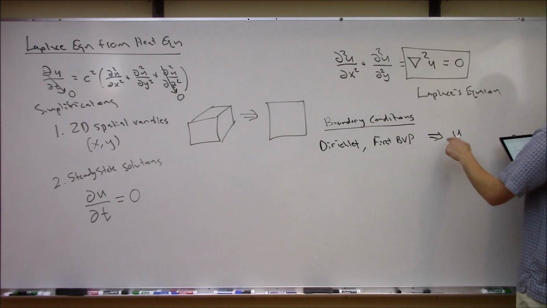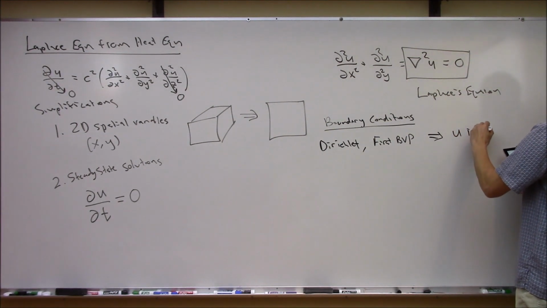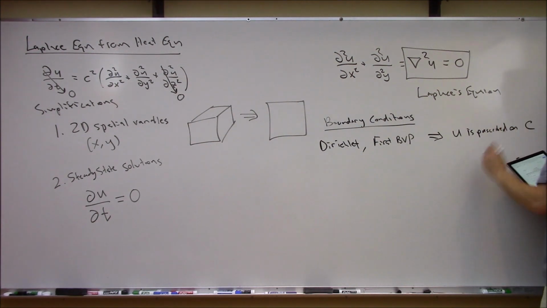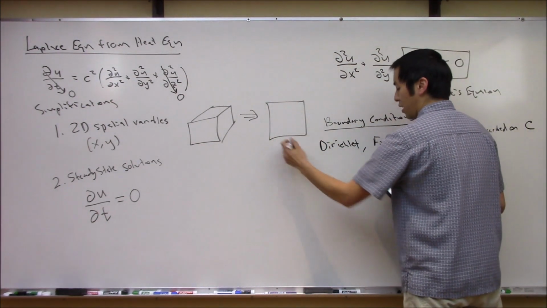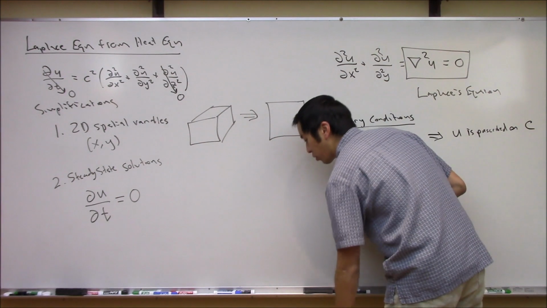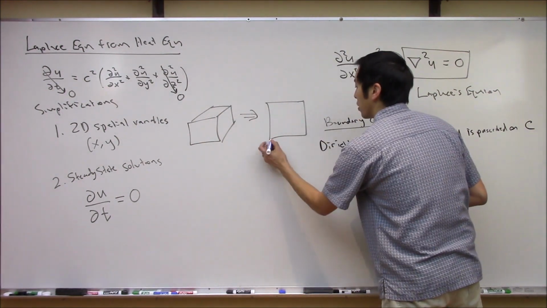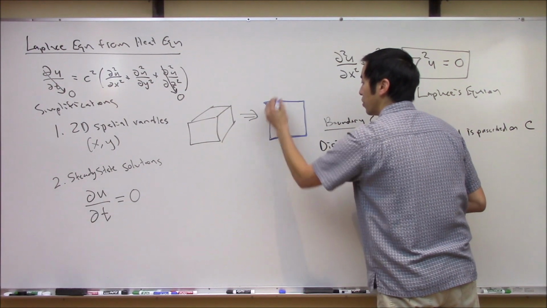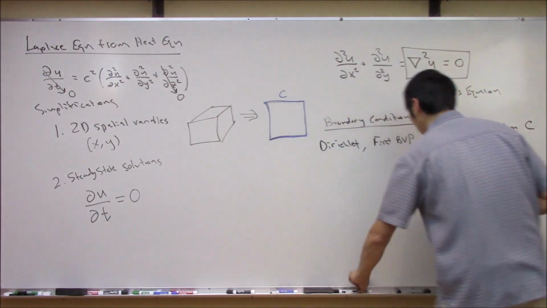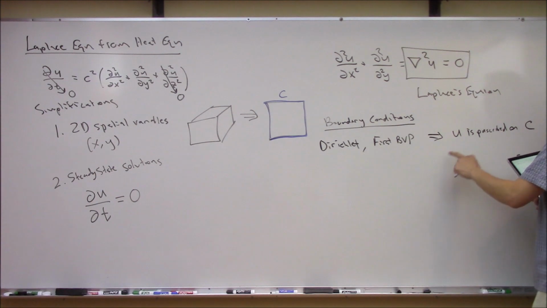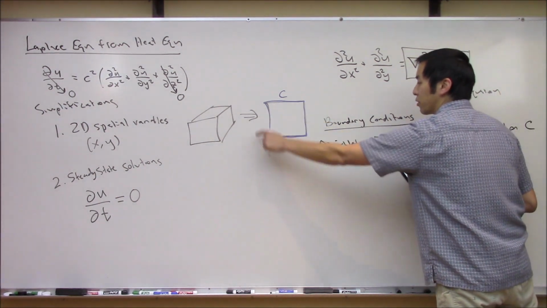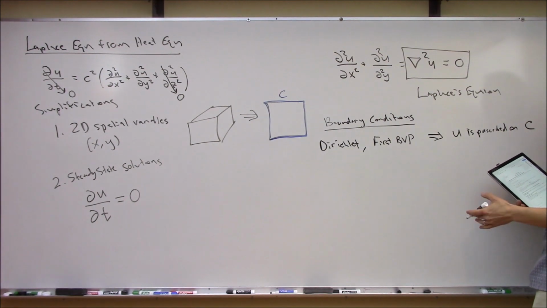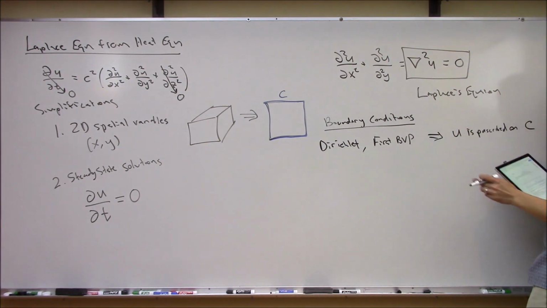So we can say this happens if u is prescribed on the curve C. Again, C would be the outside portion of this region, so C would be the blue here, right? Okay, so if someone specifies a specific temperature distribution around the edges, you end up with a Dirichlet or first boundary value problem condition for Laplace's equation.